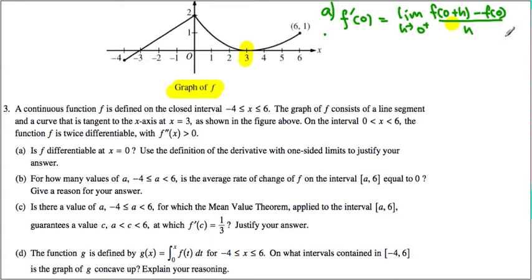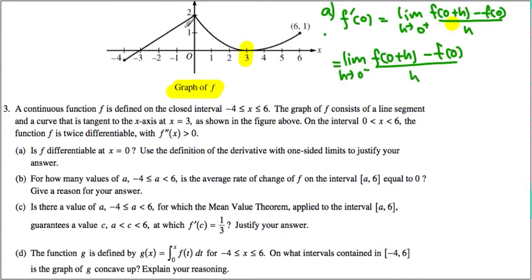We realize that that has to be equal to the limit of f of 0 plus h minus f of 0 over h as h approaches 0 from the left side.